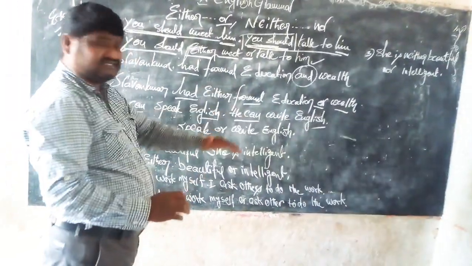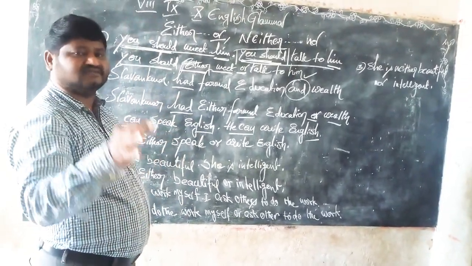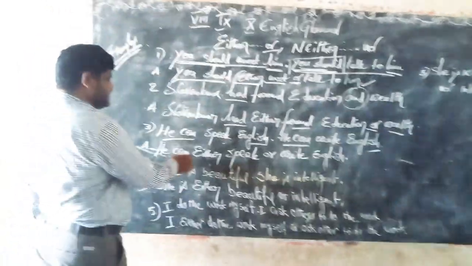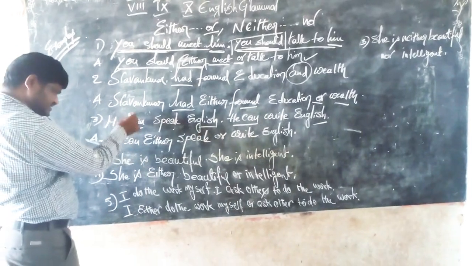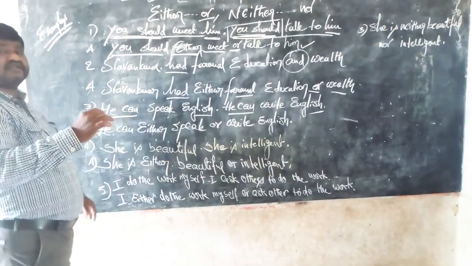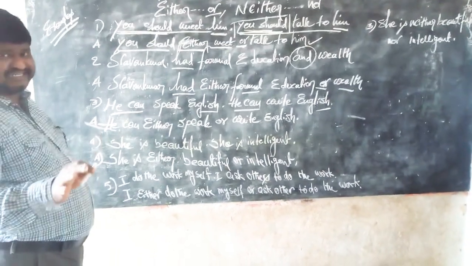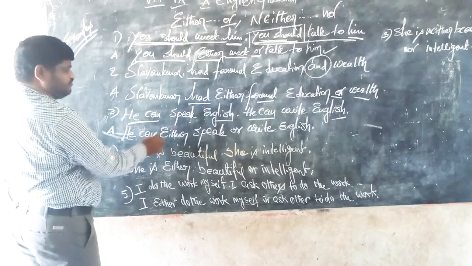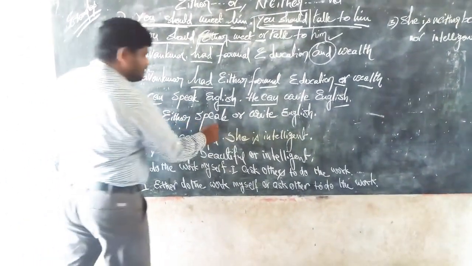In the second sentence, immediately you have to remove the similar words. As in the first sentence, he can, as it is, we have to write. We are removing only in the second sentence. Do not remove from the first sentence. In the first sentence, he can, and after that either speak.